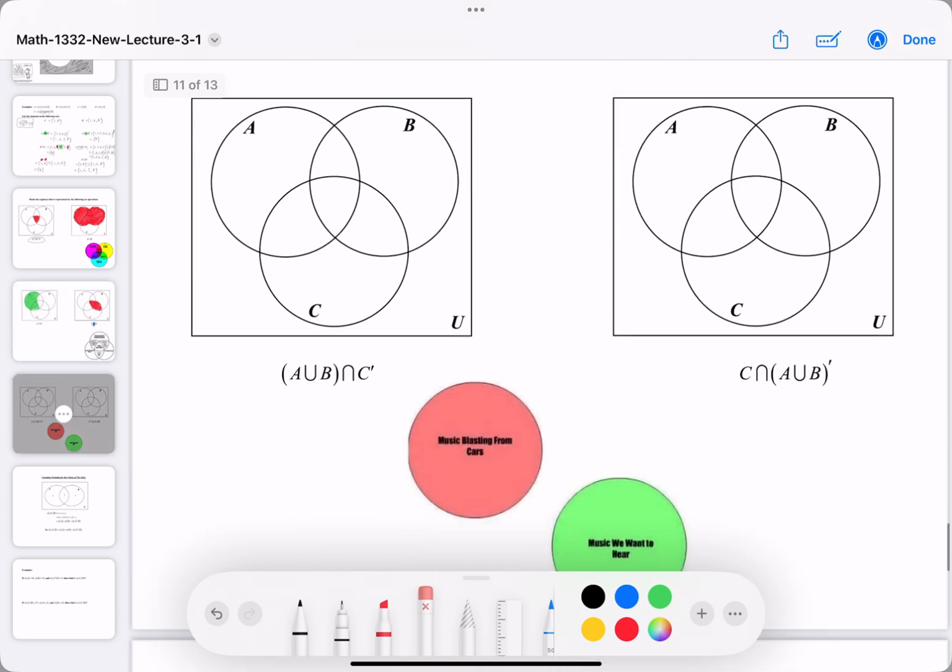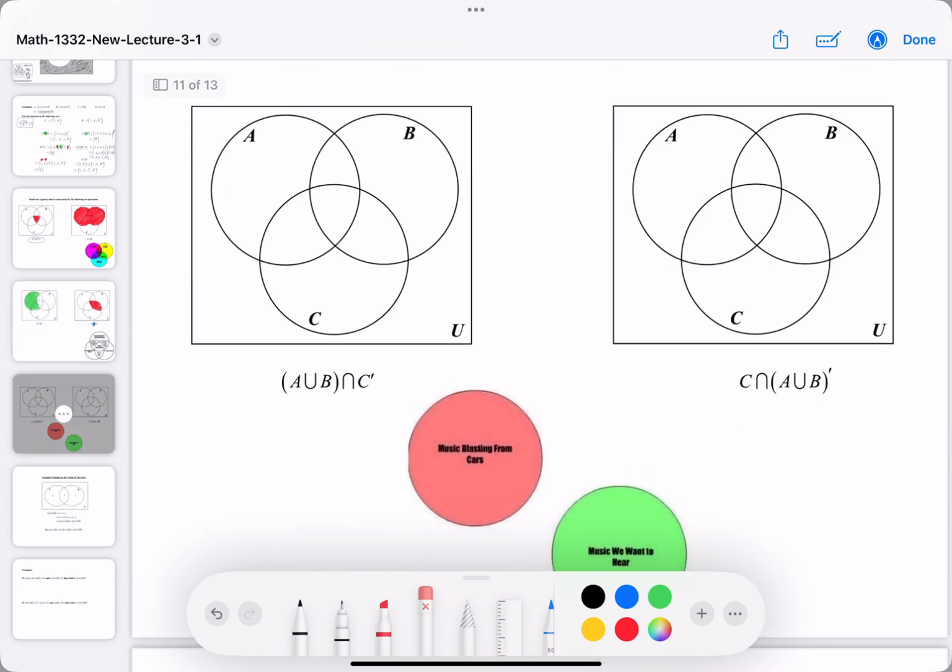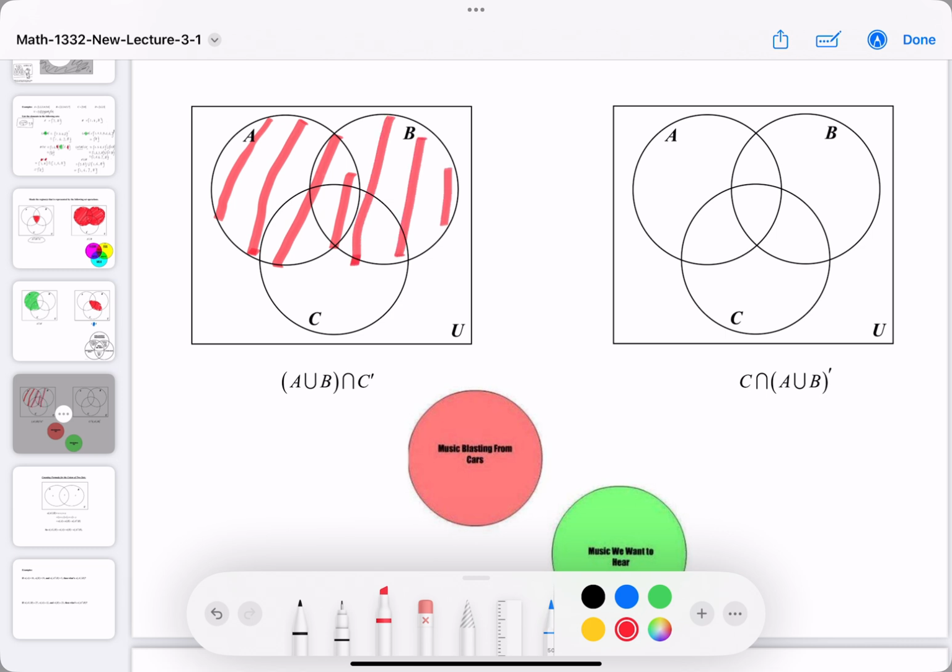Okay, next example. A or B in the parentheses and C prime. Let's do the parentheses first. A union B, that means everything in A and B. And how about the and C prime? What is C prime?